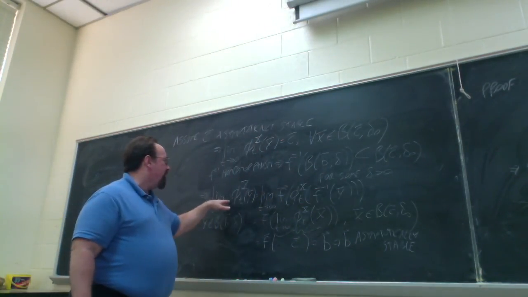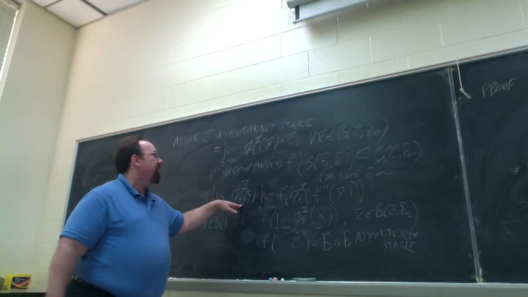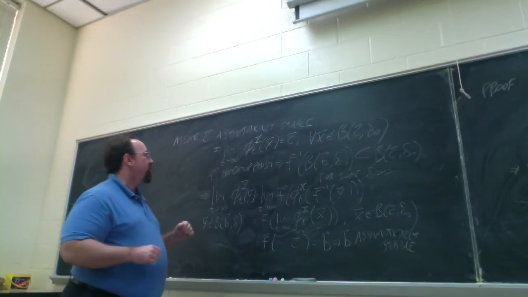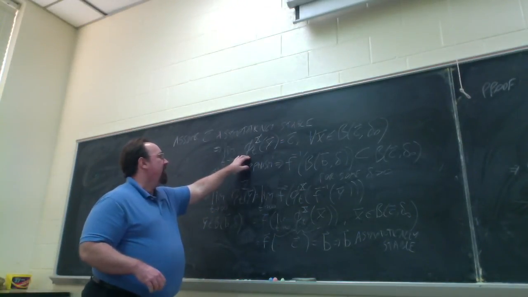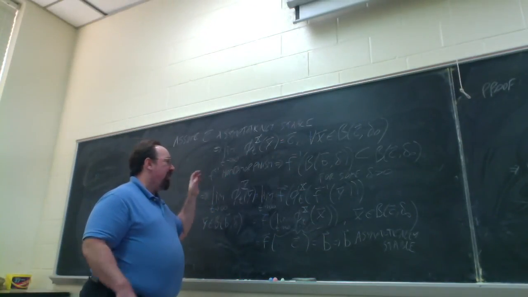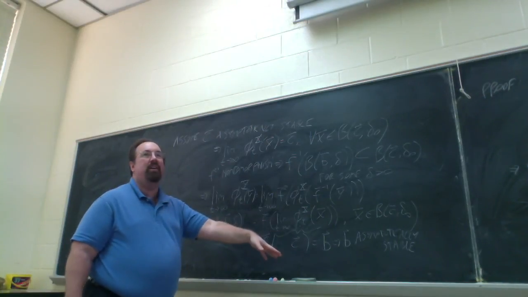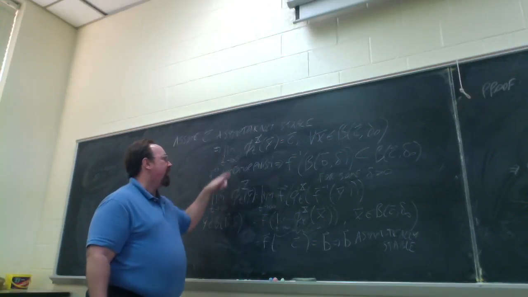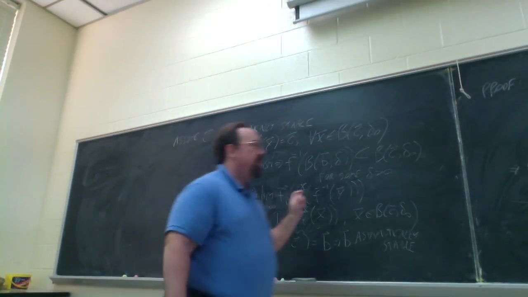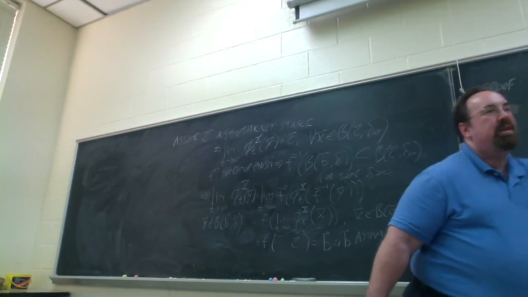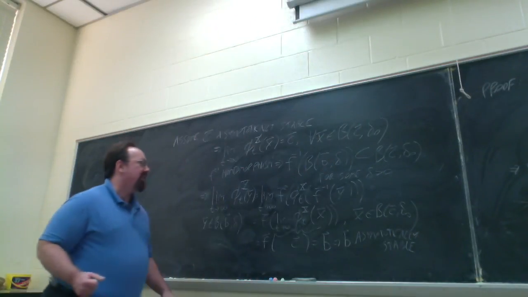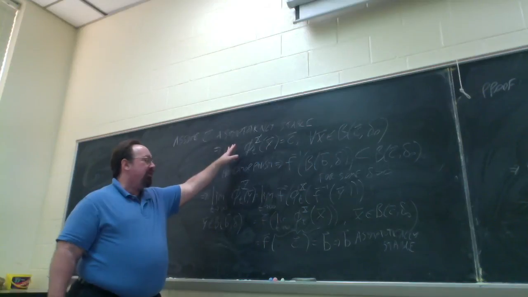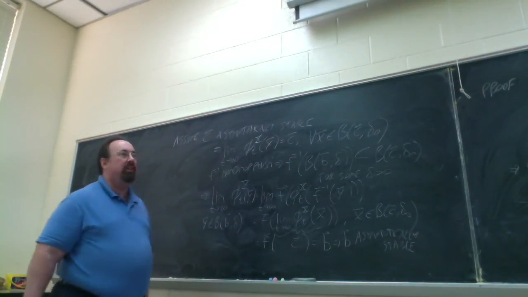You want to show that this limit is B. So once you're done translating from the words, you want to show that this limit being C implies that this limit equals B. Well, how are you going to get from here to here? You need a relationship between the flow of x and the flow of y. That's our relationship. So you use that in order to get from what you're assuming to what you're trying to prove.